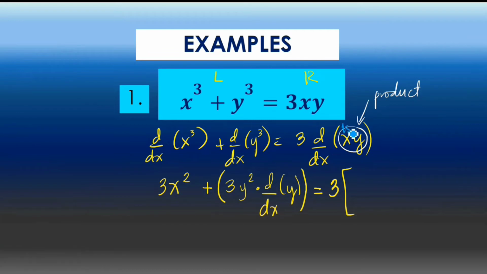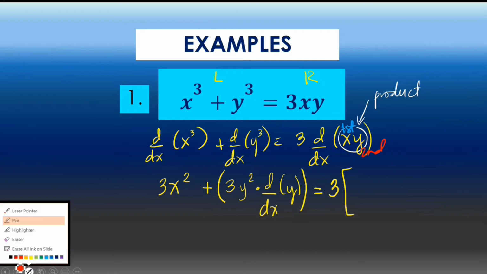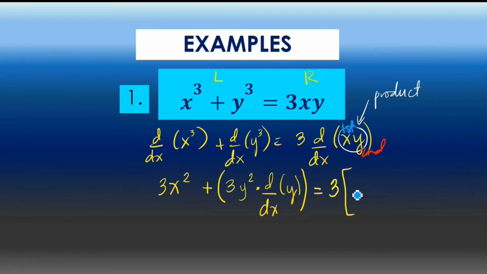So we have here the first, and then y is the second. So the first is x. Then we're going to multiply it by the derivative of the second. The second is y. Then since it is the product rule, the operation is addition.